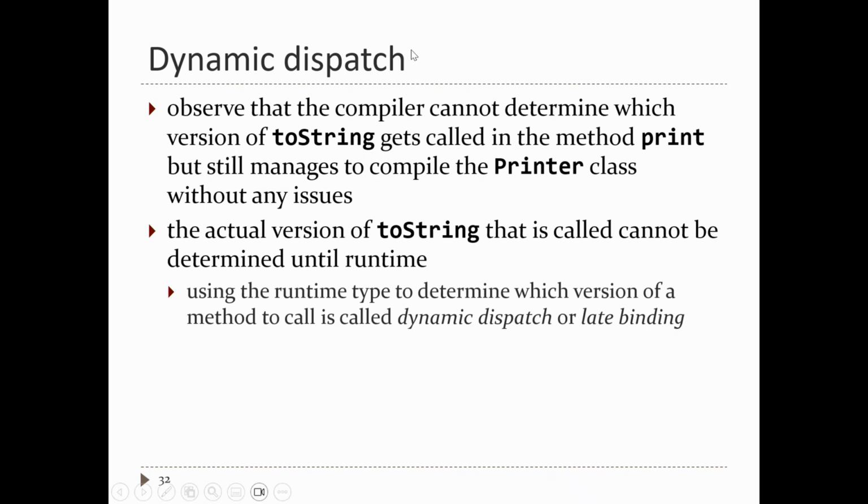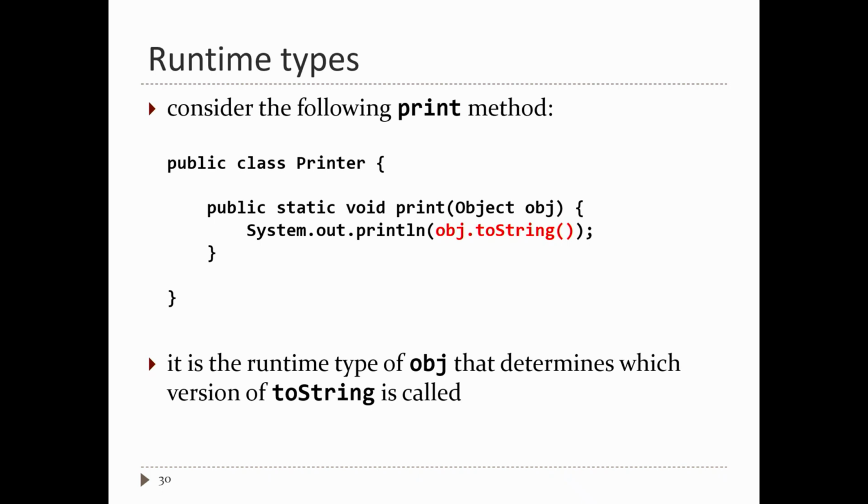Observe here that the compiler cannot determine which version of toString gets called. Go back here. All the compiler sees in the Printer class is this method print. It sees obj.toString. The compiler asks, is there actually a toString method belonging to obj? It looks at the declared type of obj, which is BigOObject, looks in the Object class, and says, oh yes, there is a toString method, this is legal.